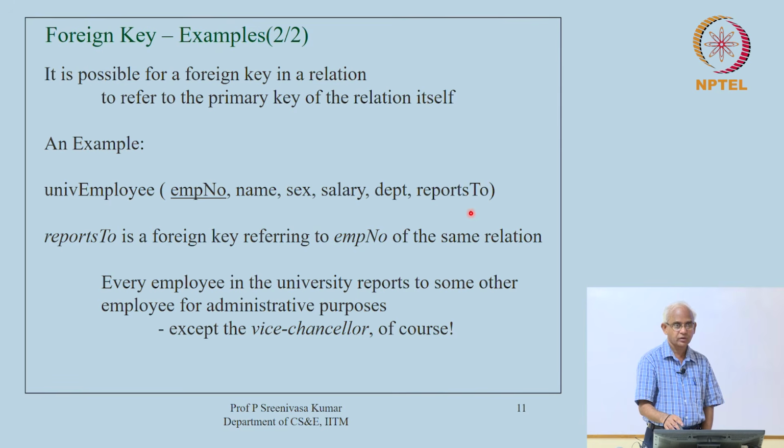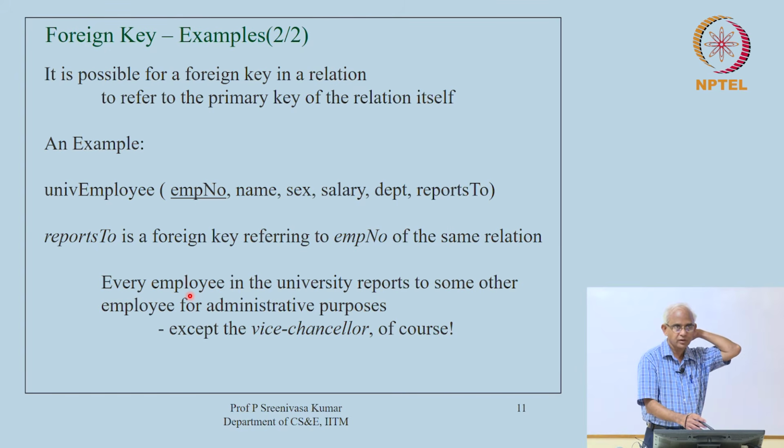So, this reports to also should be similar 6 digit numbers, so that when you are looking at the tuple of one particular employee, Ramesh, you can look here and find out the reports to value, and if you look that up in the set of tuples it will tell you who he is reporting to, who is his supervisor or boss.